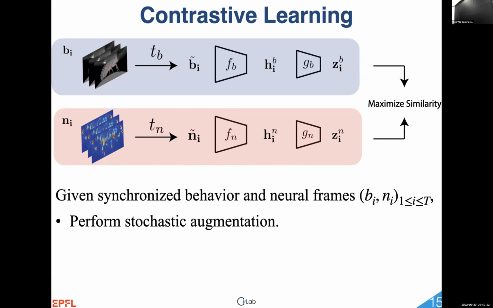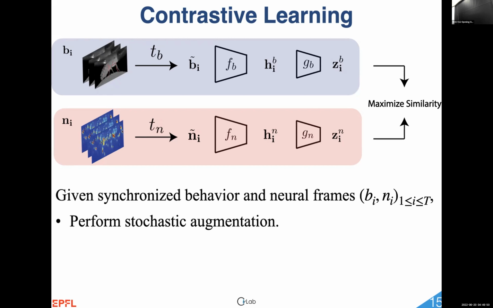So we have this behavioral data, which is the 3D pose data, and the neural data, which is the calcium imaging. They are synchronized, and we are going to use contrastive learning to send that to a latent space of lower dimension, which is what's called Z on this slide.